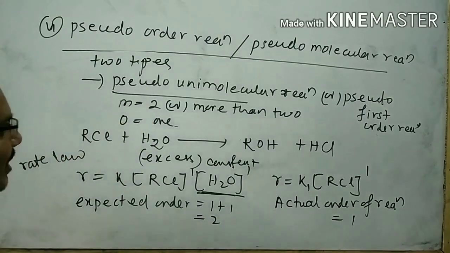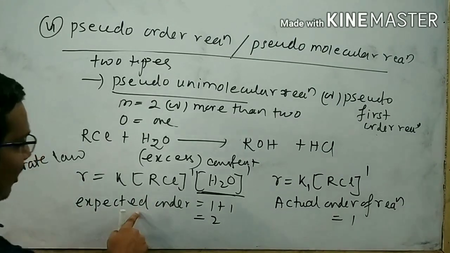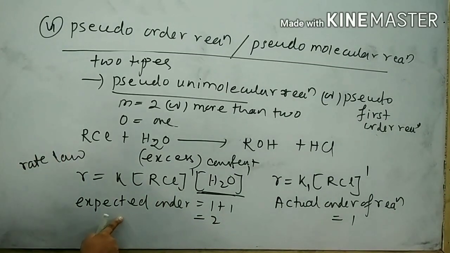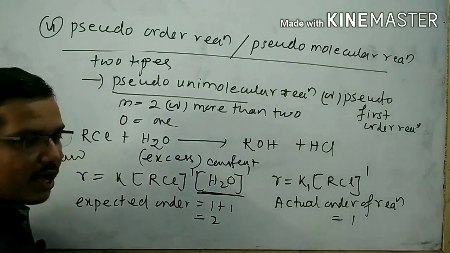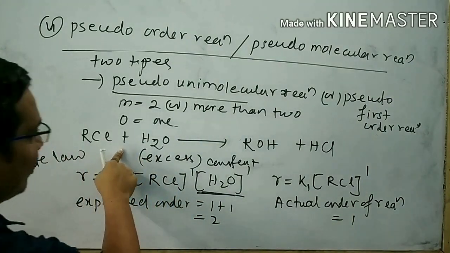According to the definition of pseudo reaction, the reaction whose actual order is different from the expected order, and the expected order must be calculated by the rate law. Look at that, here the expected order is 2 but the actual order is 1. As a result, this reaction is considered a pseudo order reaction.